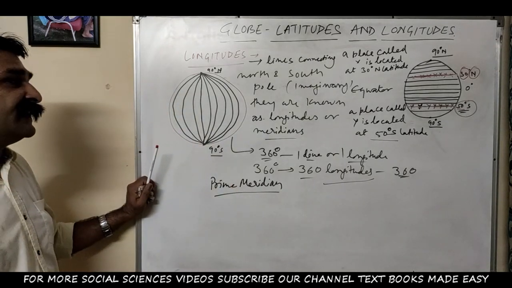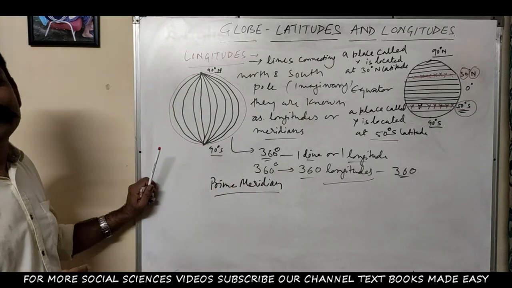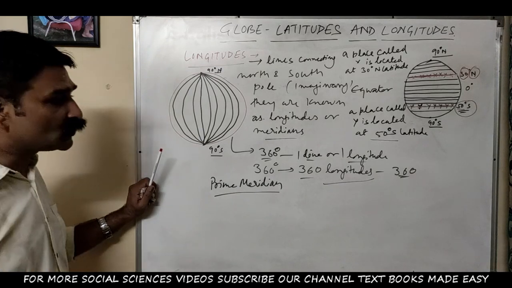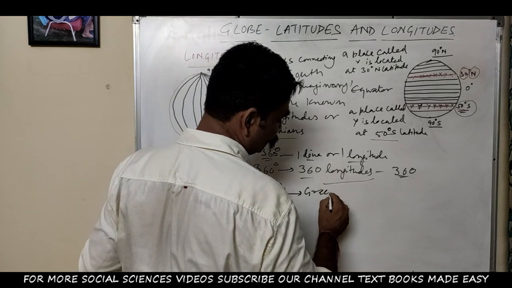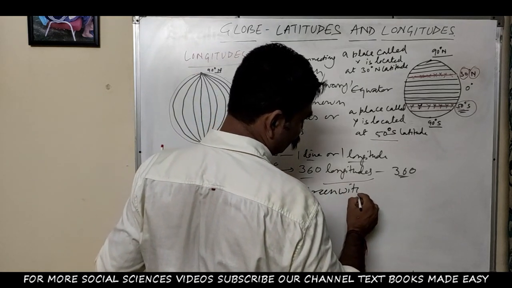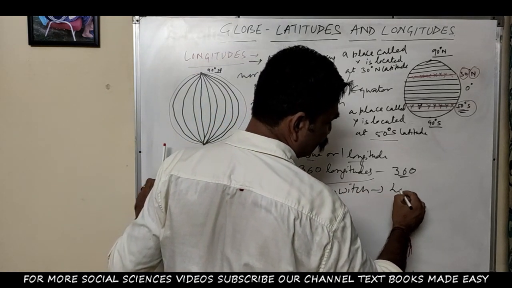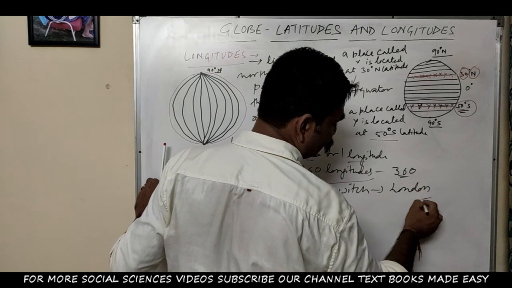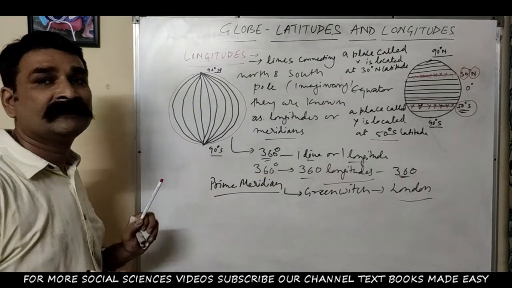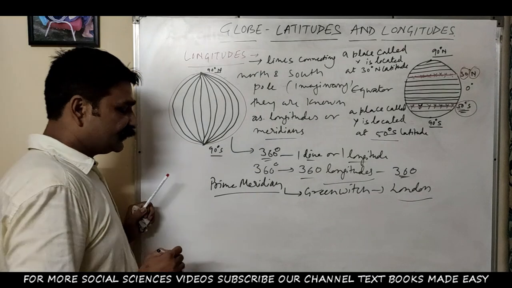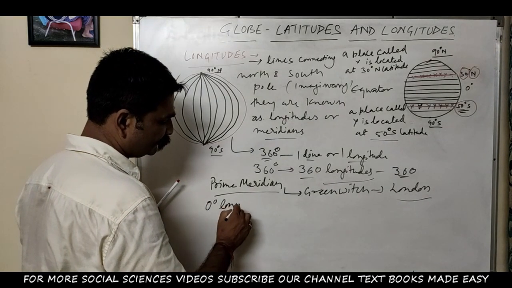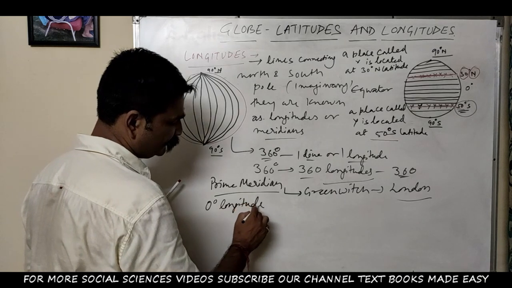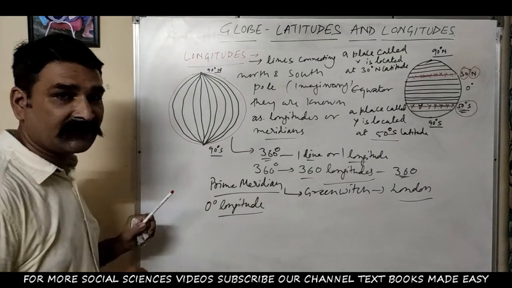And that prime meridian passes through a place called Greenwich in London. Fine. And that is known as 0 degree longitude.